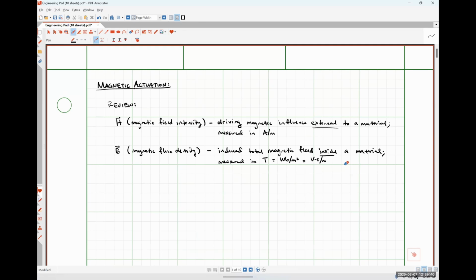Okay. So our magnetic field intensity vector H and our magnetic flux density vector B are related to each other by the following relationships.